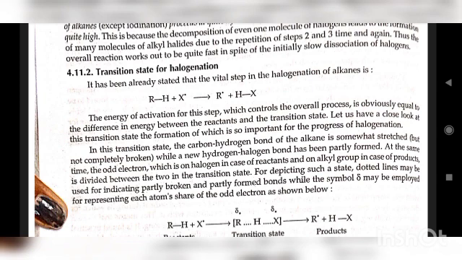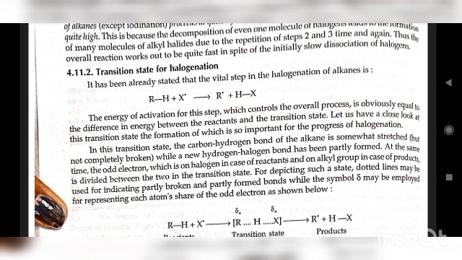Let us have a close look at this transition state, the formation of which is so important for the progress of halogenation. In this transition state, the carbon-hydrogen bond of the alkane is somewhat stretched but not completely broken, while a new hydrogen-halogen bond has been partially formed.